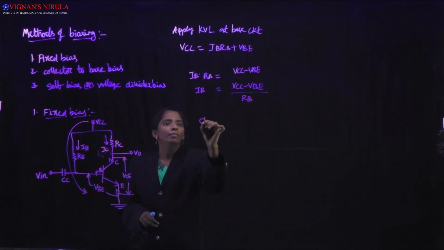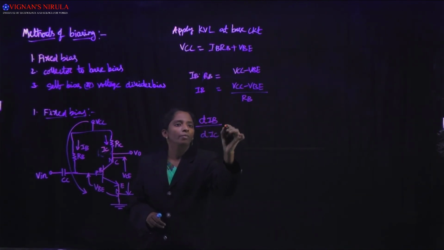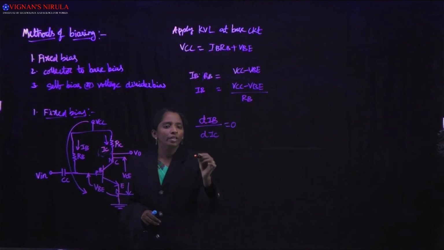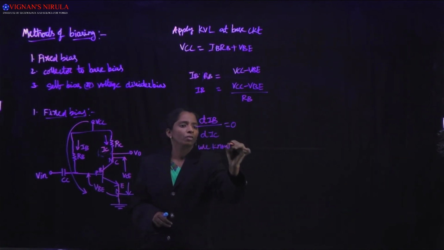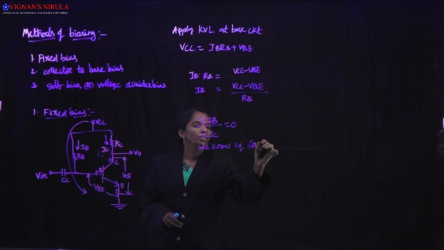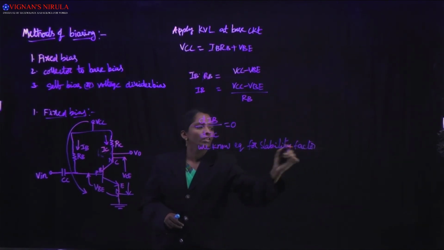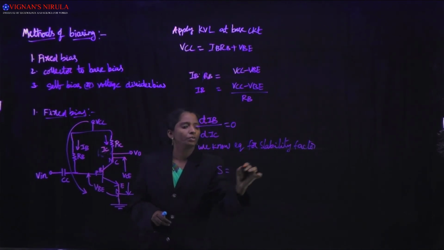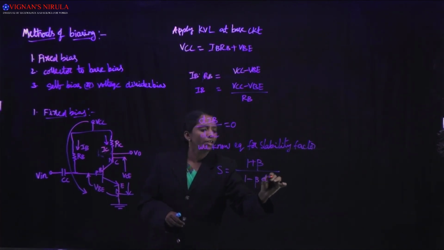At that time dIB by dIC becomes 0. We know the equation for the stability factor: S equals 1 plus beta divided by 1 minus beta into dIB by dIC.